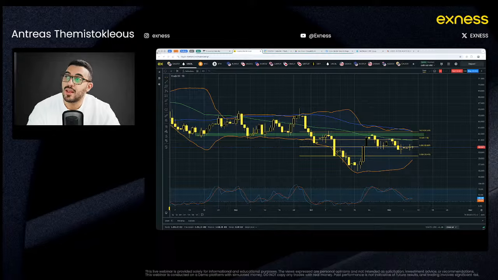Also, we're gonna get the year over year and the quarterly data. These are preliminary data. Preliminary means it's not the final figures, but we get an overall estimation or a snapshot of what's happening with the British economy on a quarterly level and year over year.